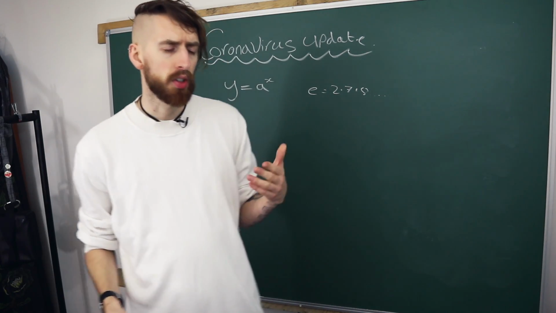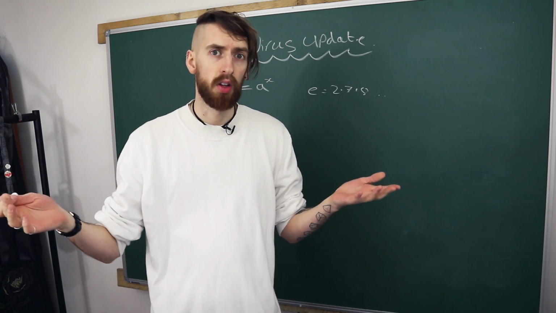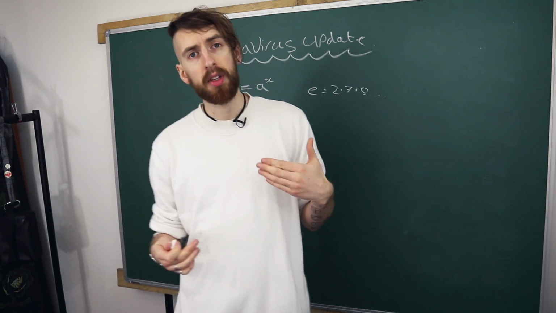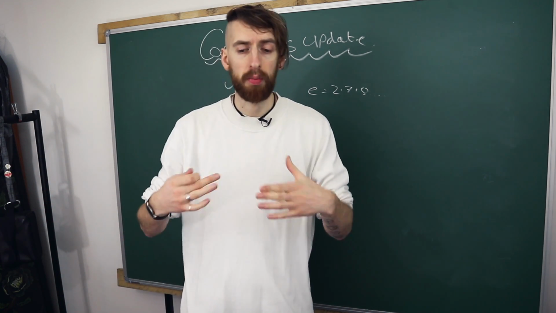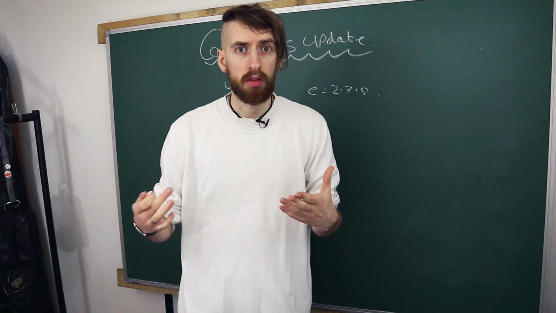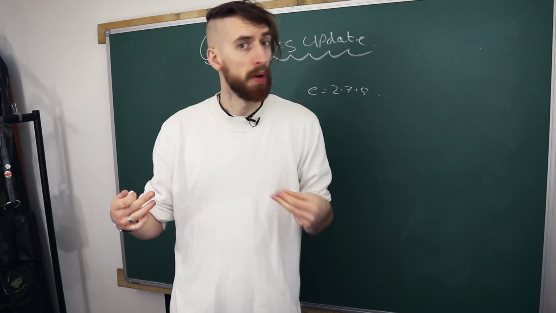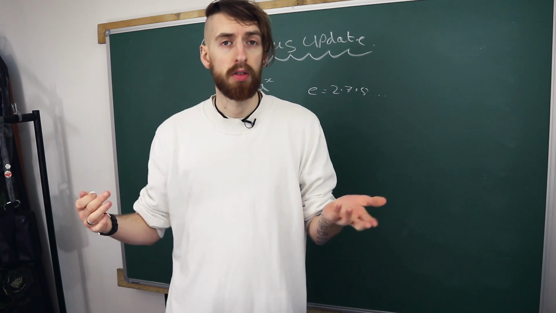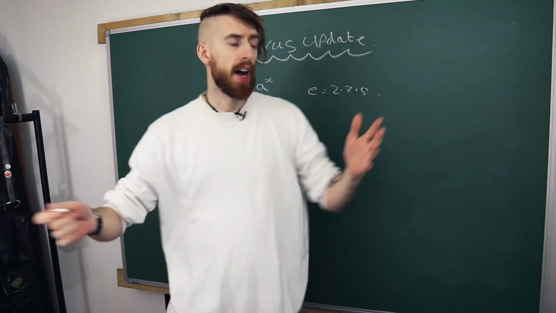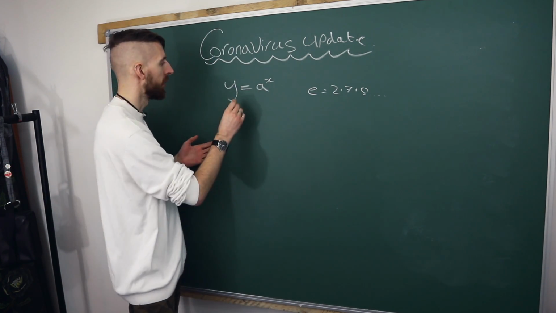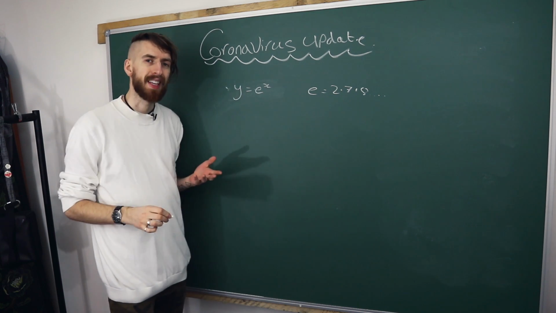It's a button on your calculator, you press e and it gives all these numbers. Because this is a naturally occurring thing, it crops up in things like bacterial growth, maybe even viral growth, that kind of stuff. And what that looks like is y equals e to the power of x.